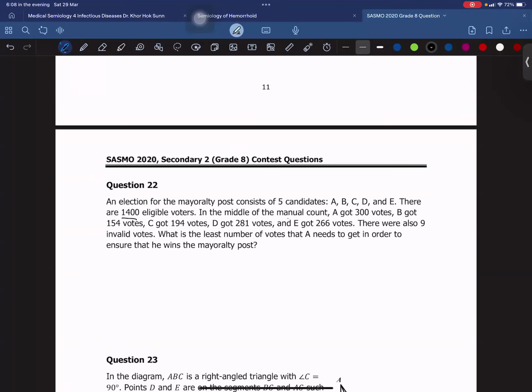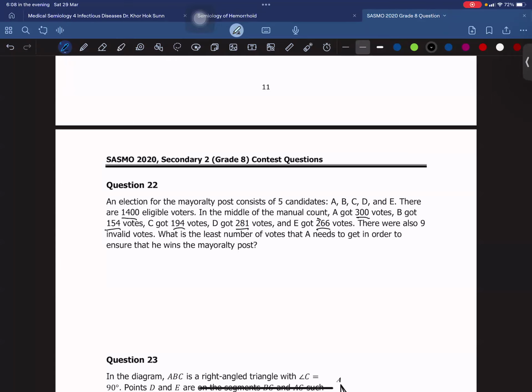In the middle of the manual count, A got 300 votes, B got 154 votes, C got 194 votes, D got 281 votes, and E got 266 votes. There were also 9 invalid votes. What is the least number of votes that A needs to get in order to ensure that he wins the mayoralty post?